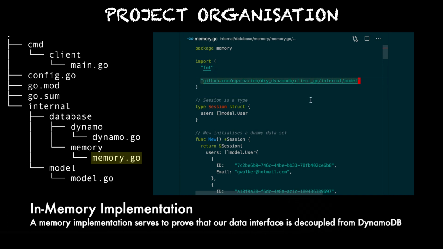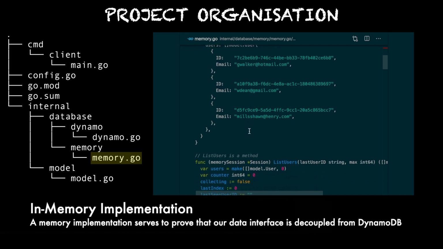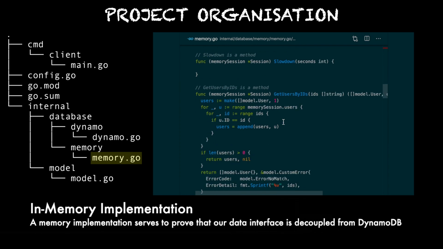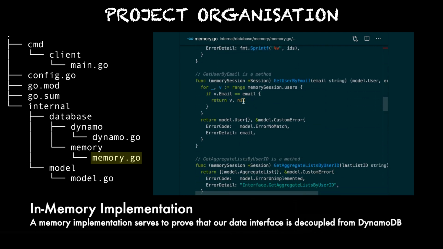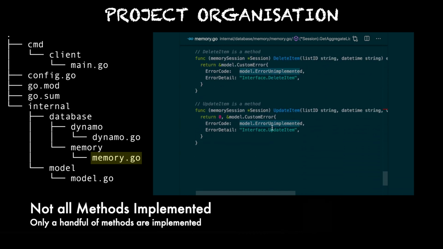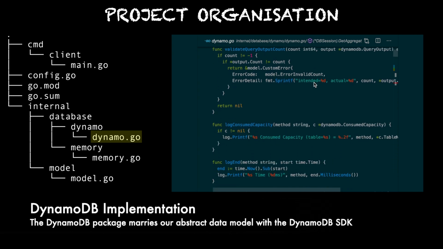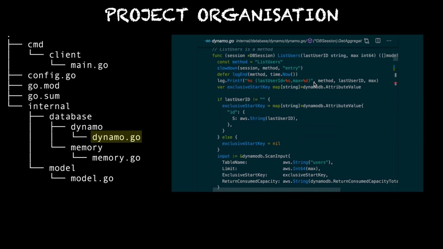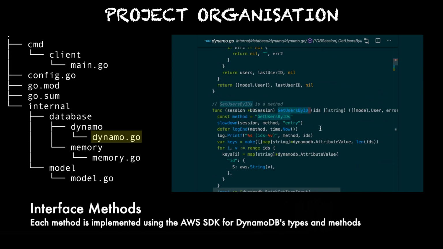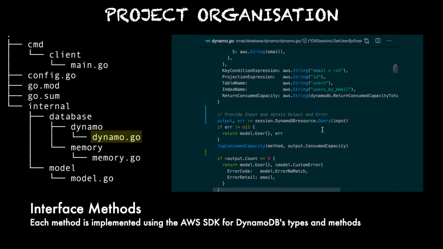Just to prove that our model is independent and decoupled from a particular backend store, we implement a dummy memory implementation. In this case, only a few methods are implemented, and this is just to prove that we can swap different backend implementations. In dynamo.go, similarly to memory.go, we import the model package and implement each of the interface's methods with DynamoDB specific code.